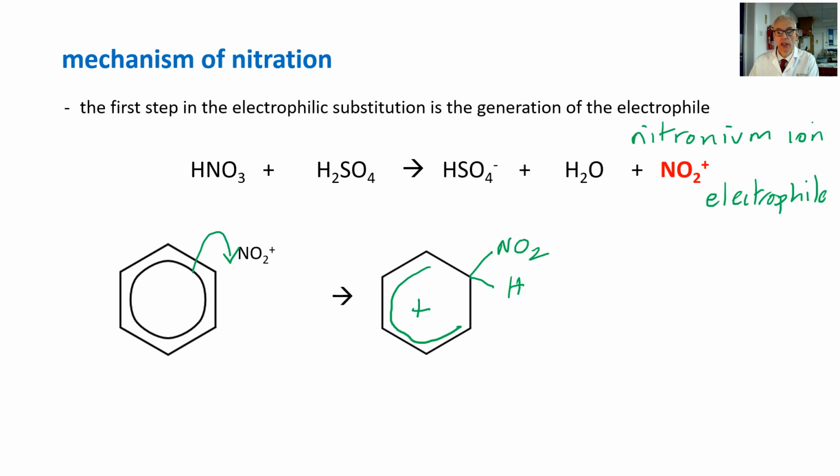Now we know from my earlier explanation that substitutions result in the retention of the delocalized ring of electrons. So we need to restore that by taking the electrons from this bond and returning them to the ring. If that is the electron movement that's going to come from that intermediate structure, can you predict the product?